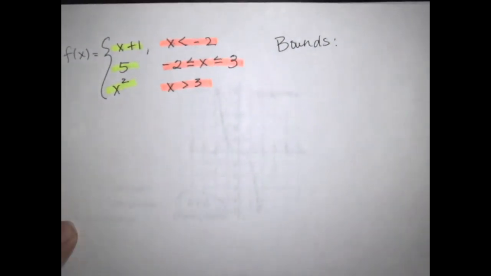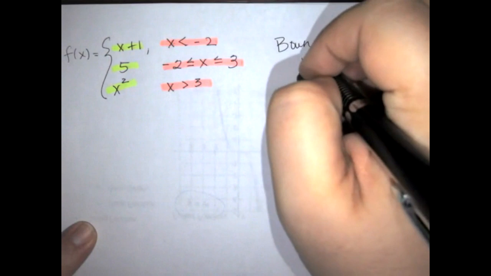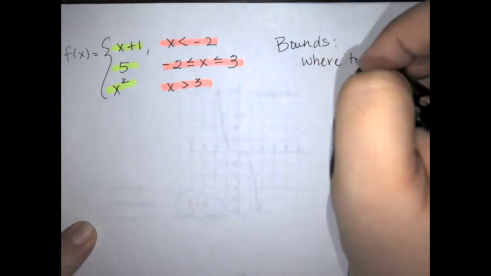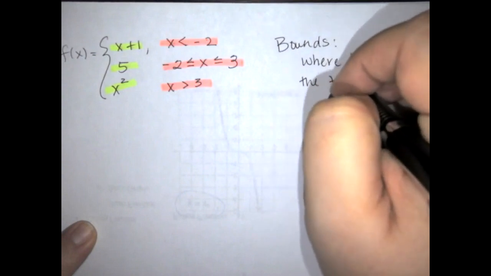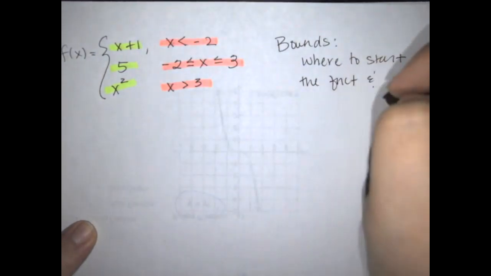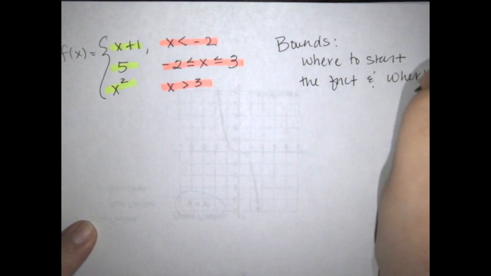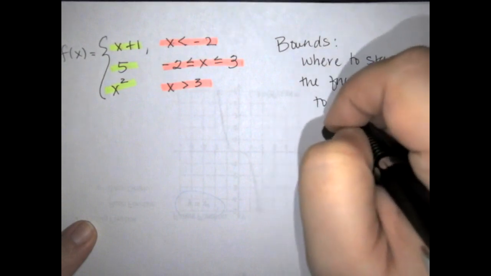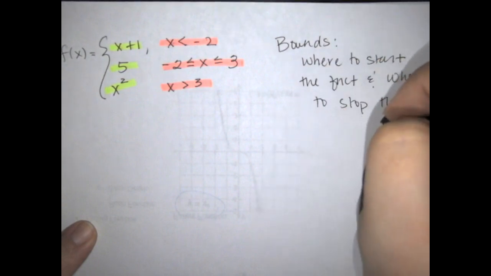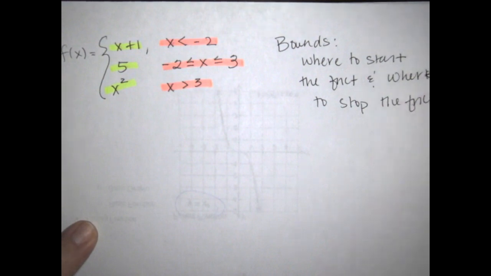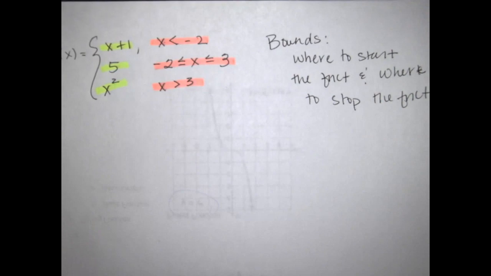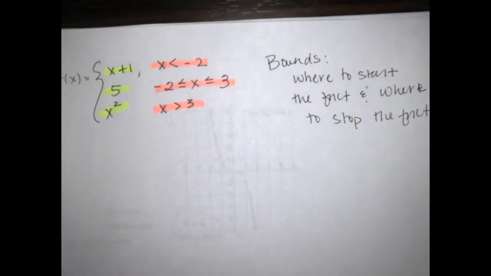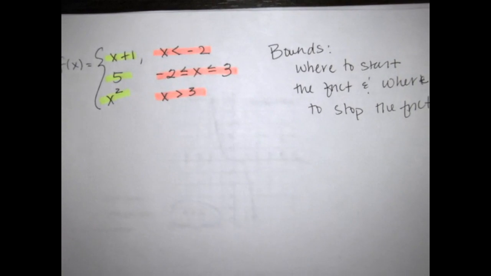Okay, so bounds are going to be where to start the function and where to stop the function. Okay. So when we're talking about bounds, we are talking about that specific idea, where to start, where to stop.